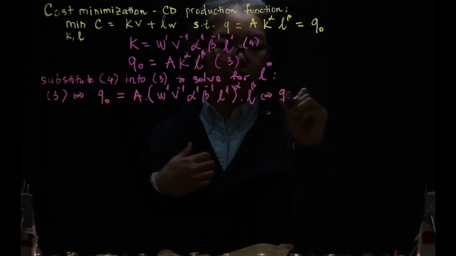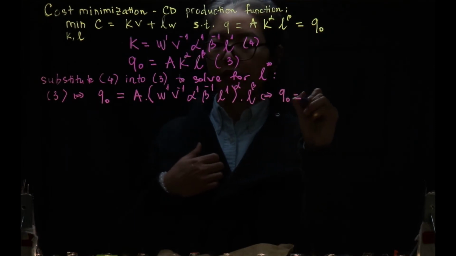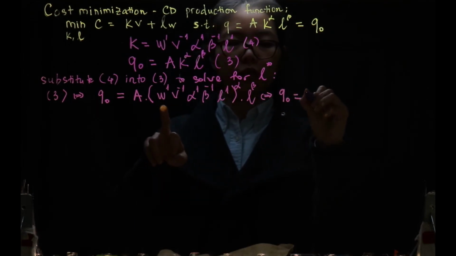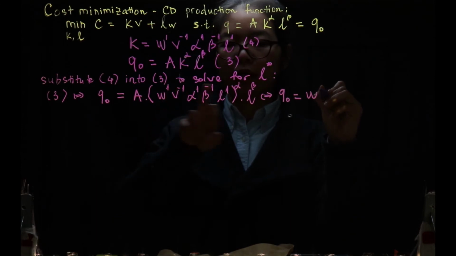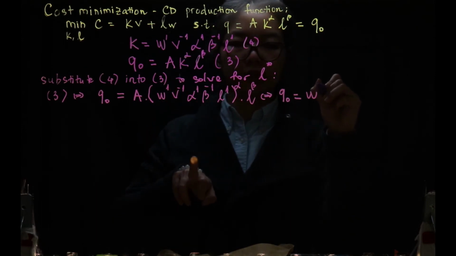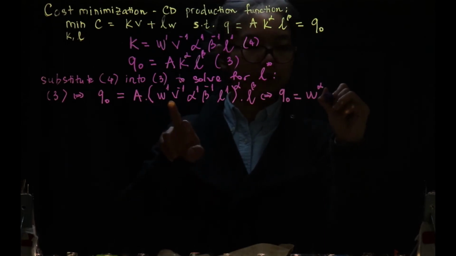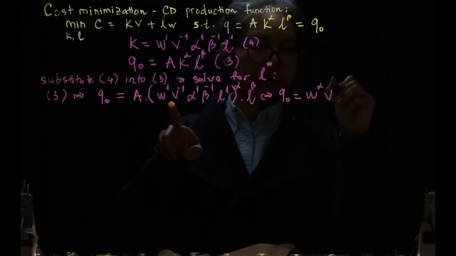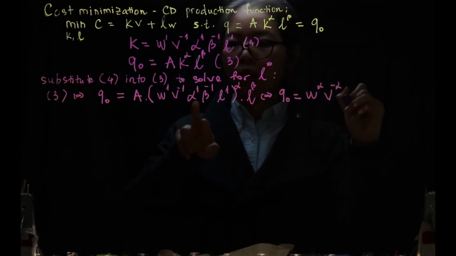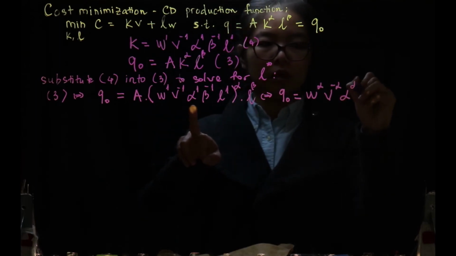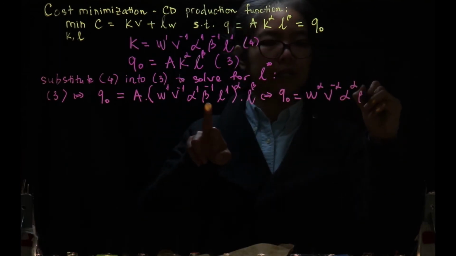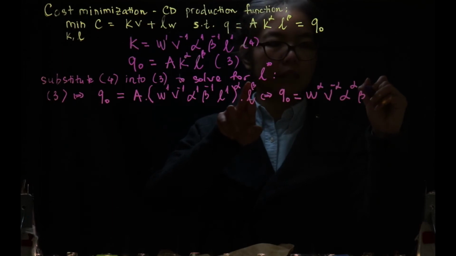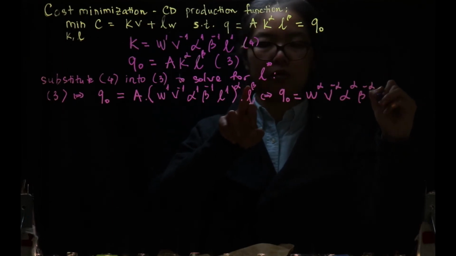So Q0 equals W 1 times alpha, that is to the power of alpha. V minus 1 times alpha, minus alpha, times alpha, beta minus alpha, right?